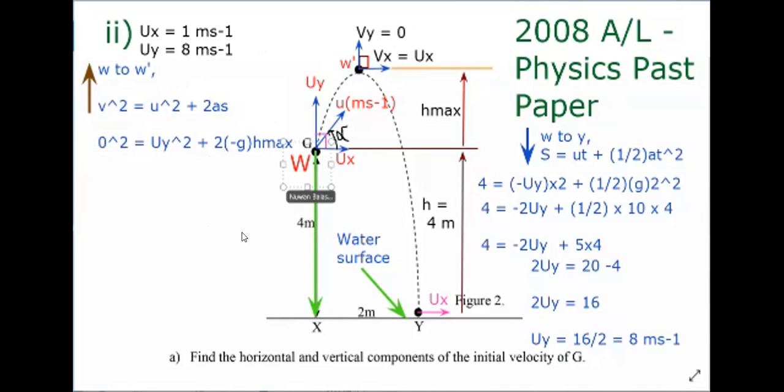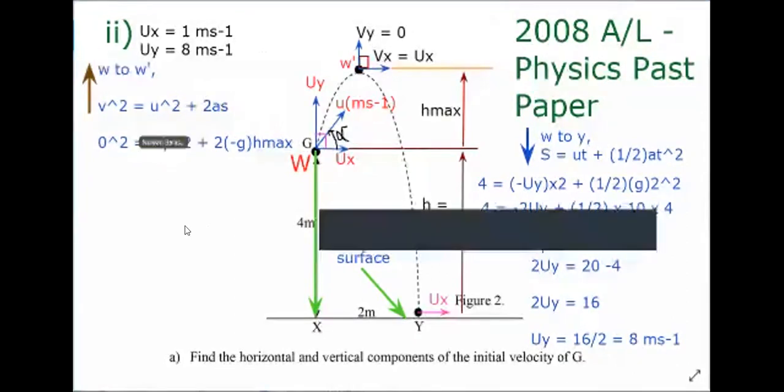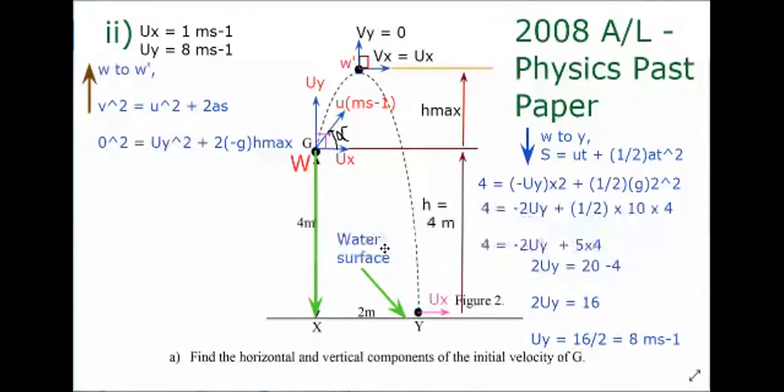H max is the vertical displacement from W to W dash, and we are applying the equation vertically. At the same time, it has some horizontal displacement, but that is not asked in the question. We are answering sub B of the same question, Roman number 2, sub B. Complete this, dear.